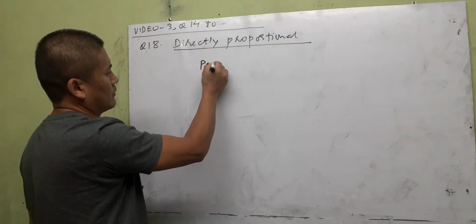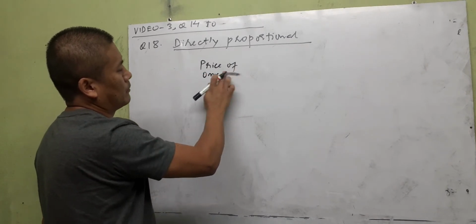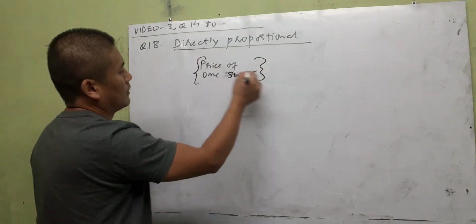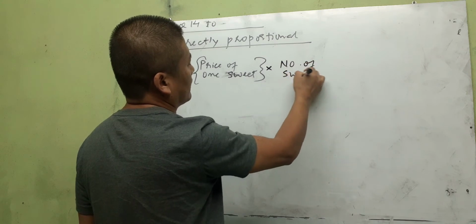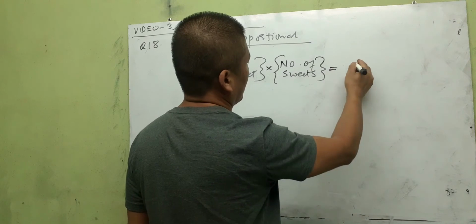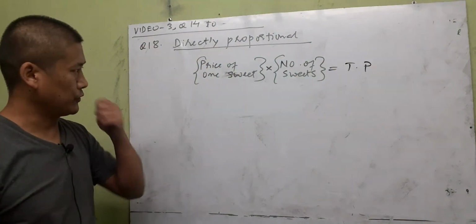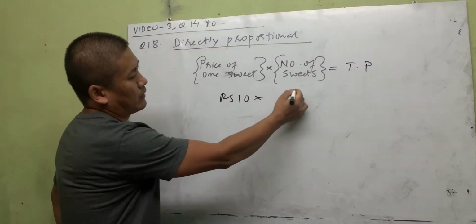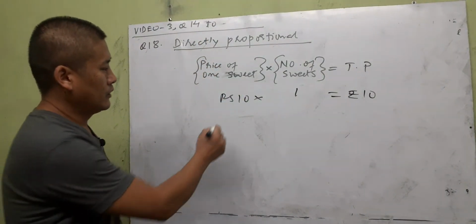Price of one sweet, let us say a particular kind of sweet, multiplied by the number of sweets that you're buying will be equal to the total price. You know that. Now let us say the price of that particular sweet is rupees 10. You buy one sweet, then the total price will be rupees 10. Then you increase this one.